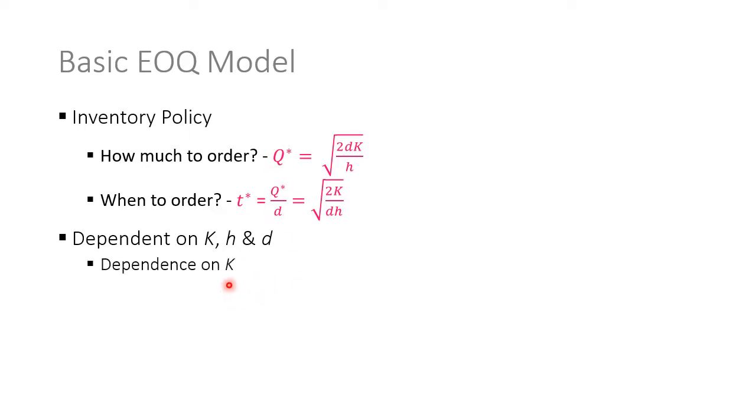Capital K, which represents the fixed component of ordering cost or the setup cost of production. If this variable increases, that means if the fixed component of ordering cost or the setup cost of production increases, then according to this model, it is better to order large quantities or to produce large quantities.